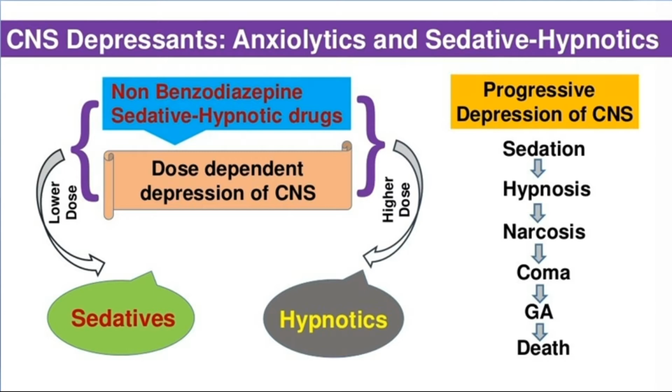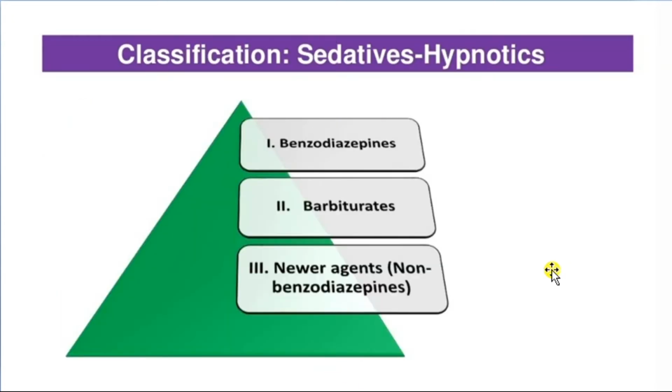That's why they are called dose dependent depression of CNS. Progressive depression of CNS includes sedation, then hypnosis, then narcosis, then coma, then generalized arousal, then death. Classification: sedative hypnotics. It includes benzodiazepines, barbiturates, then newer agents or non-benzodiazepines.